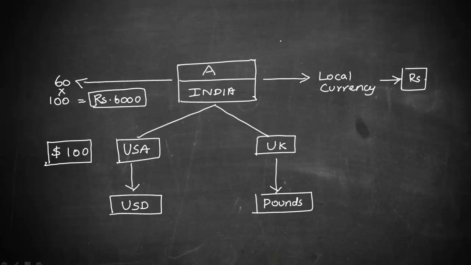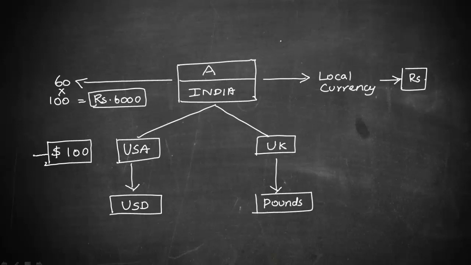But what happens is this market is highly volatile. The company in India, company A, may get either more than 6,000 or less than 6,000. But the fact is the customer in USA will pay this $100 only. He is not going to pay more, he is not going to pay less.